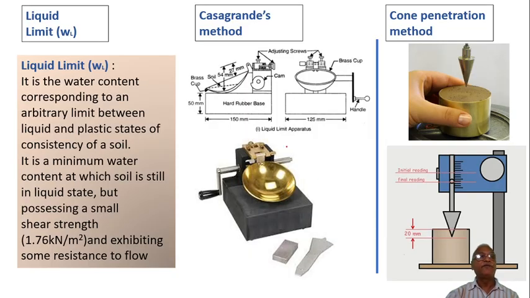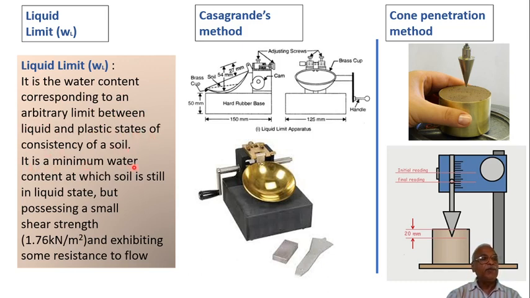Okay, here I have defined liquid limit. The words are like this. Liquid limit is the water content corresponding to an arbitrary limit between liquid and plastic states of consistency of the soil.